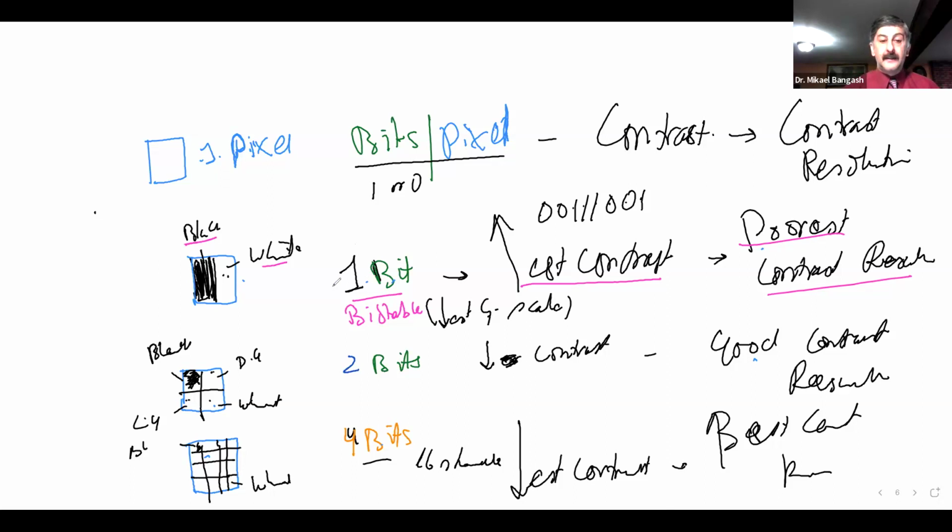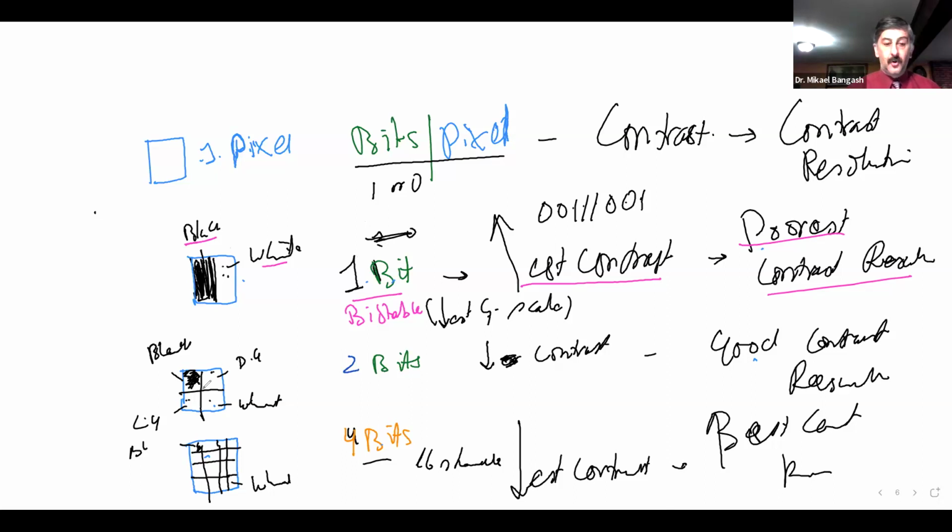By 1 bit, that doesn't mean that the bit is made from digit 1. No, it could have been 0. But that 1 pixel just has 1 bit, which gives you just 2 shades.